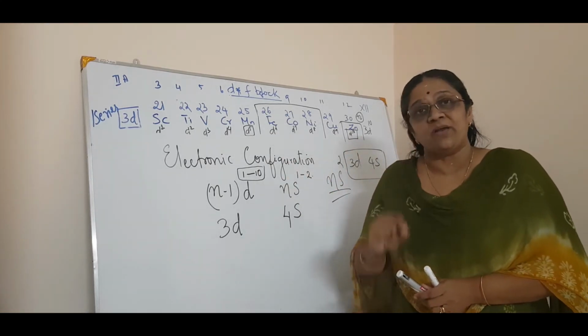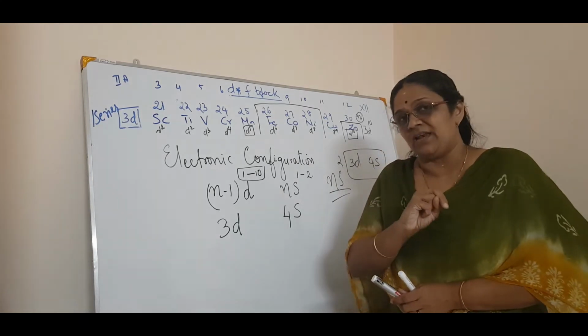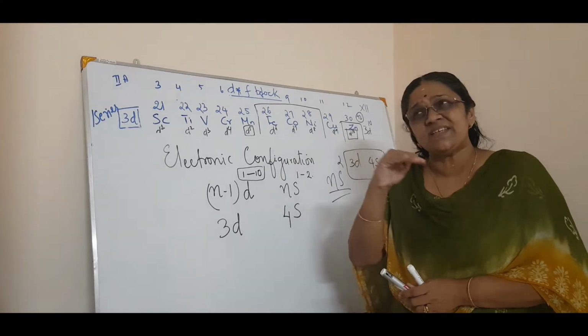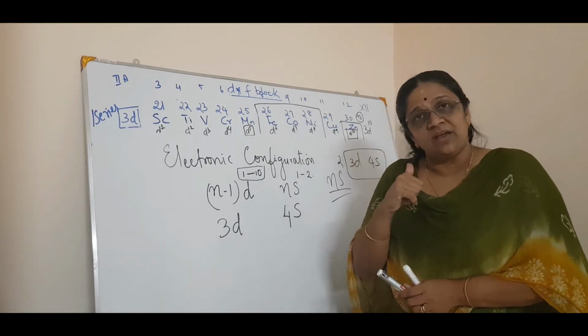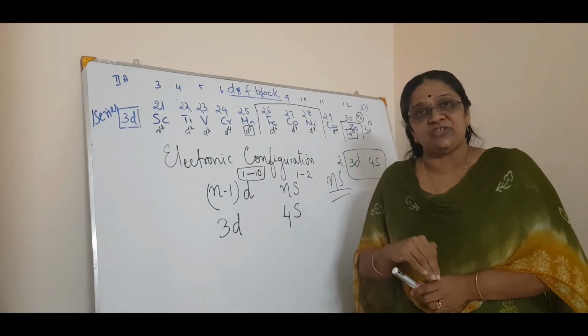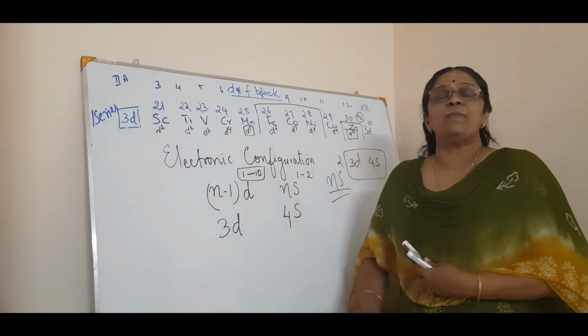It's a very valid point, because there is only a small energy gap, almost the same energy. Due to that small gap of energy, the electrons from the s orbital can jump into the d orbital.